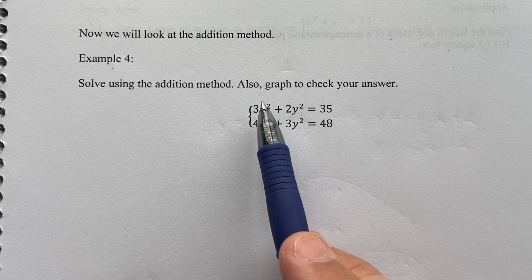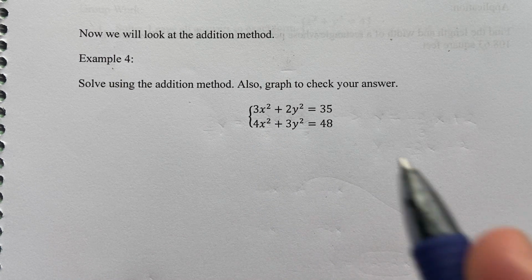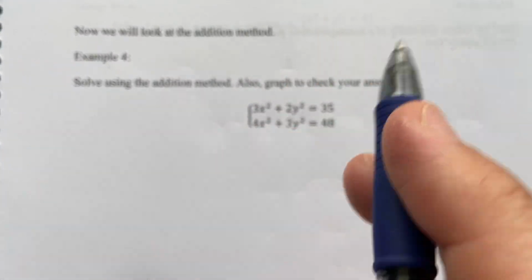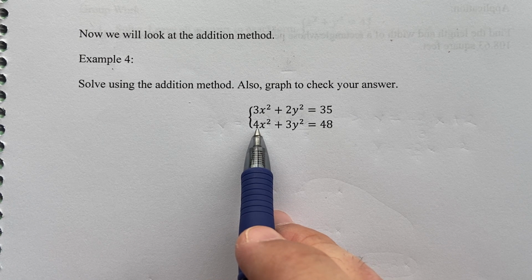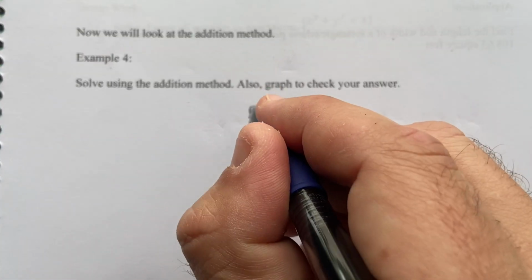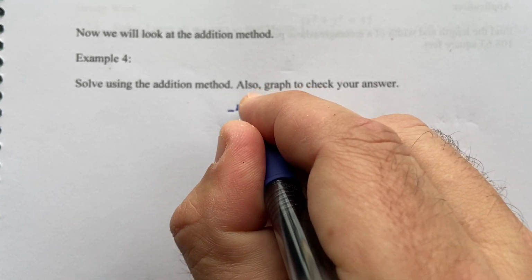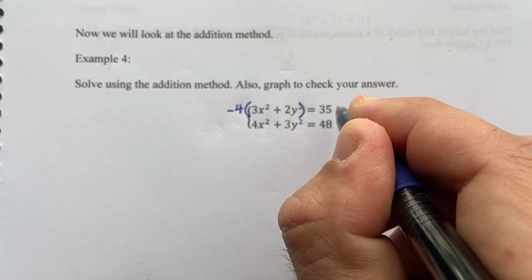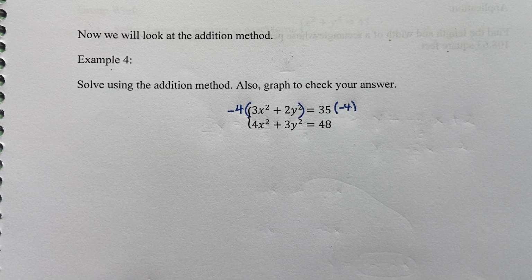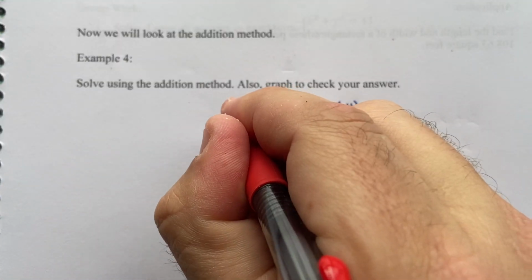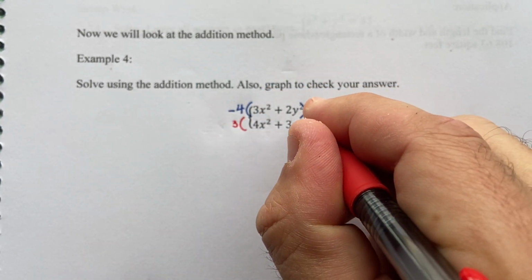So I'll focus on eliminating the x's first. So what I'll do is I'll turn this one into a -12, and I'll turn this one into a +12. So -4, I'll multiply everything here. And then to get my +12, I'll multiply everything by +3.